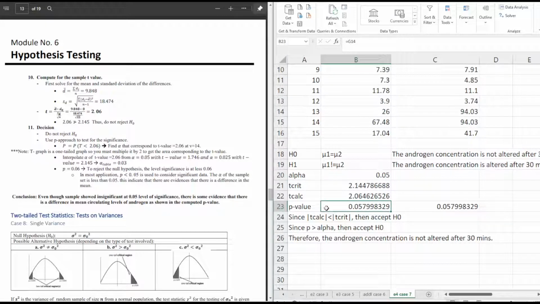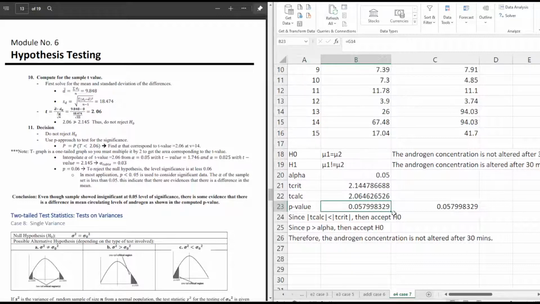Pero based on your understanding of the p-value, then we can say na kahit we cannot make the conclusion at 95% confidence level, we can make it at a different confidence level, no. So kumbaga kaya ang sinasabi dito there is still some evidence, no. And again, ito yung I alluded to this earlier dun sa synchronous session, no, na kaya gusto ng mga scientists or new researchers itong p-value because it's more flexible, no.